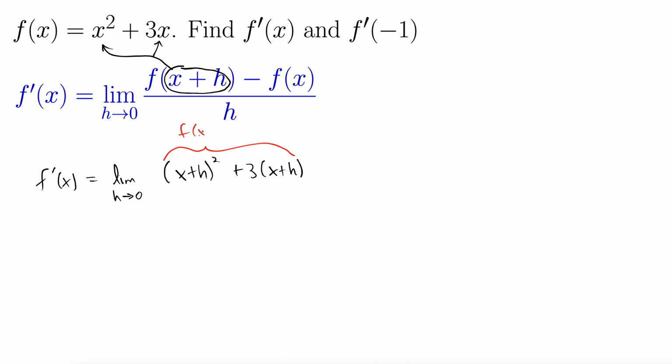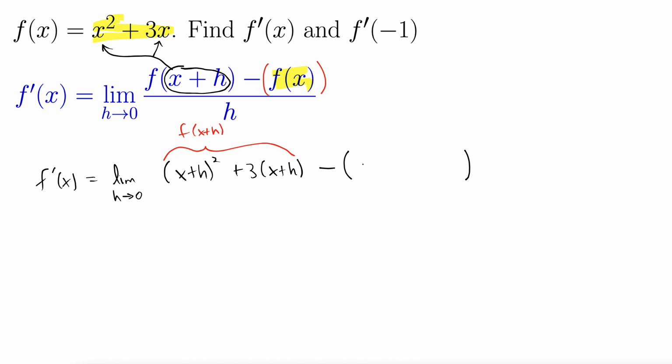Then I subtract off the original function, so minus, and it helps to think of this as having parentheses around it, because you want to subtract off the entire function. So I'm going to add these parentheses, and then you just essentially cut and paste this function right back, because there's the function that is f of x.